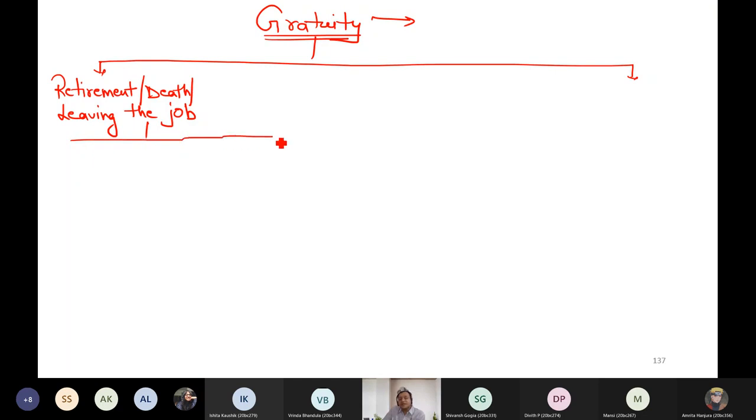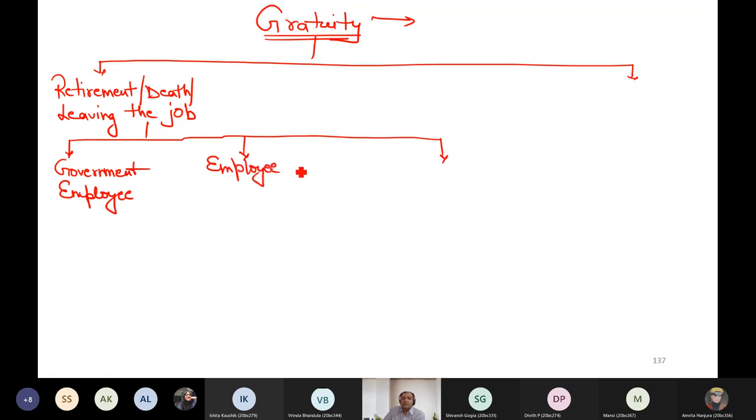In this, there are three categories. Maybe you are a government employee, or you are an employee who is covered under the Payment of Gratuity Act.